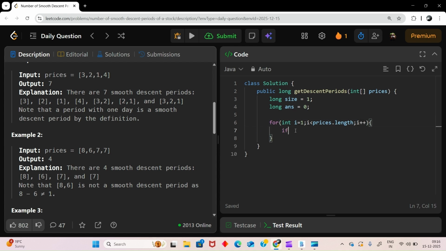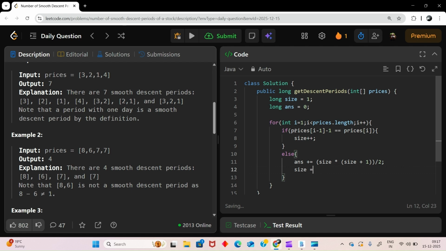Here I'll check if my prices of i minus 1, that means the previous one, minus 1 is equal to my prices of i, that means it is satisfying my condition, I will do size plus plus. Else we will stop and first find our answer. Answer plus equal to, using that formula, size into size plus 1 divided by 2. And I will make my size as 1.